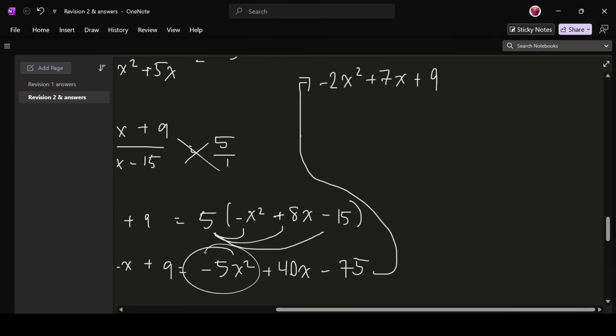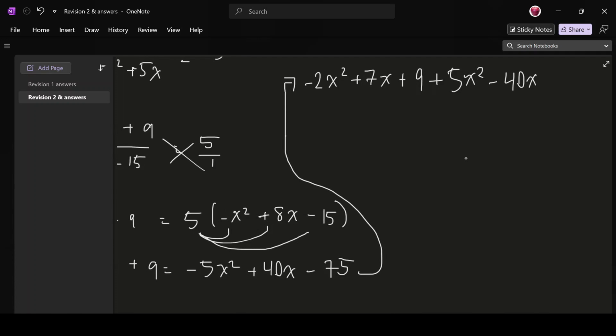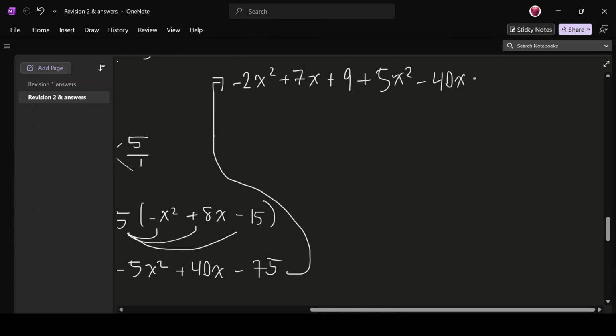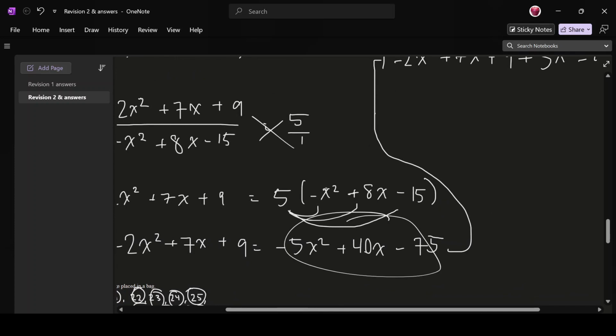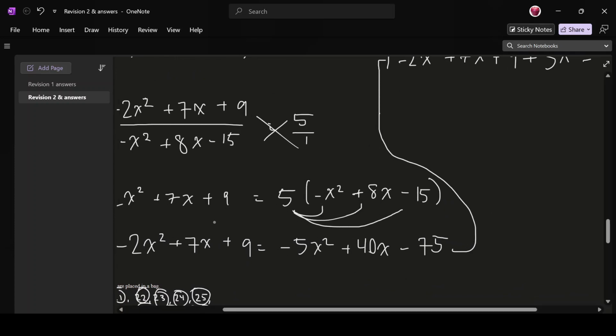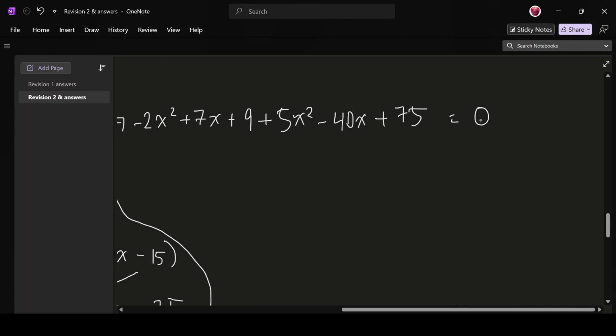So negative 5x squared, that becomes positive 5x squared. Positive 40x, that becomes negative 40x. And negative 75, that becomes positive 75. And since we moved all the stuff on the right hand side to the left hand side, there's nothing left in the right hand side, so this is all equal to 0.